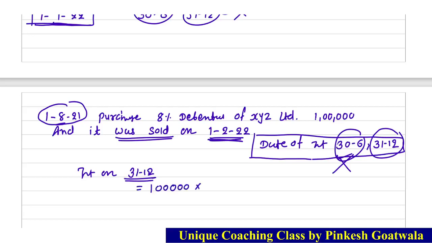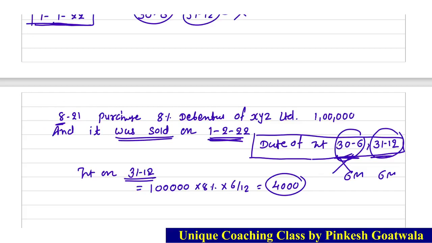So 1 lakh at 8%, and the company gives interest 2 times, so it is 6 months, so 6 divided by 12, so the answer will be 4000. Clear? So even if it was just sold, you have to just check if you are holding, then give interest, otherwise no. Let's make some change here.